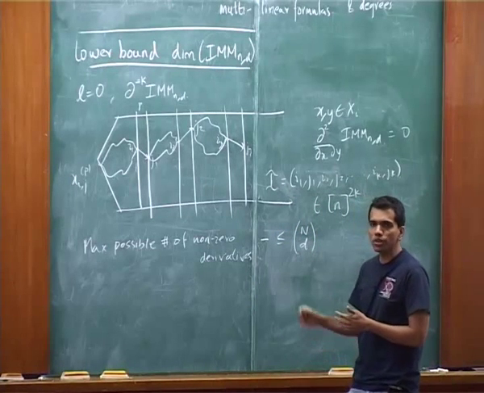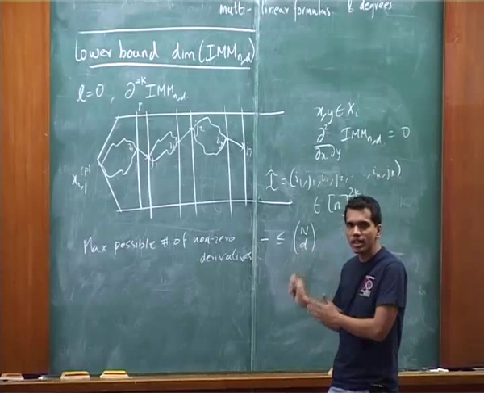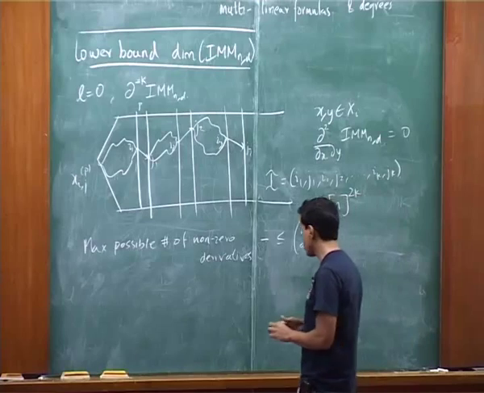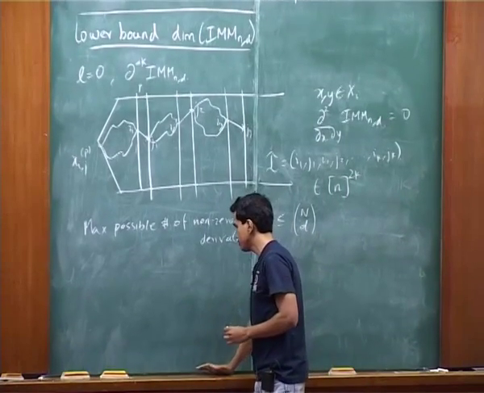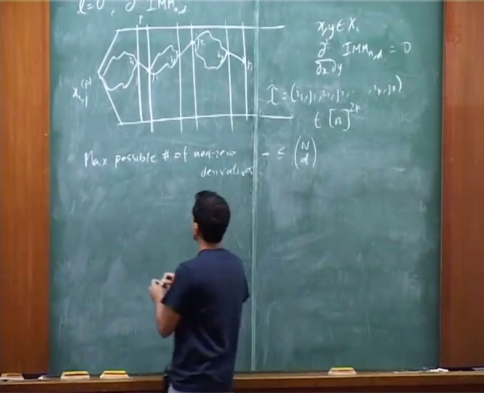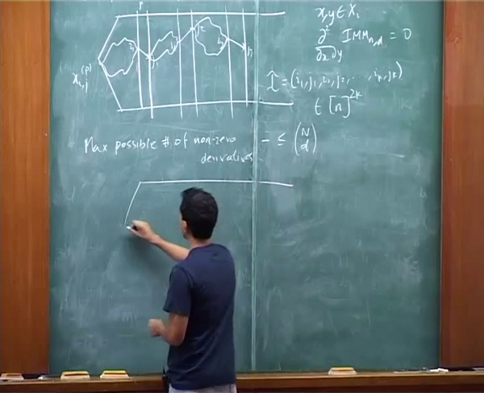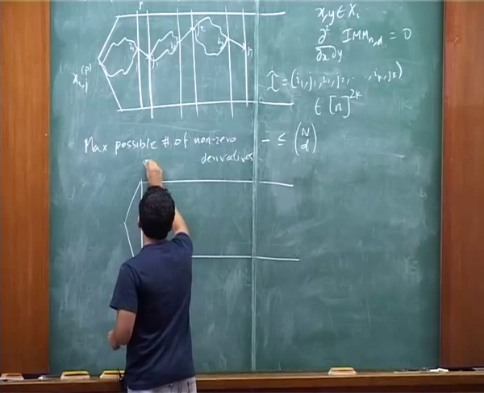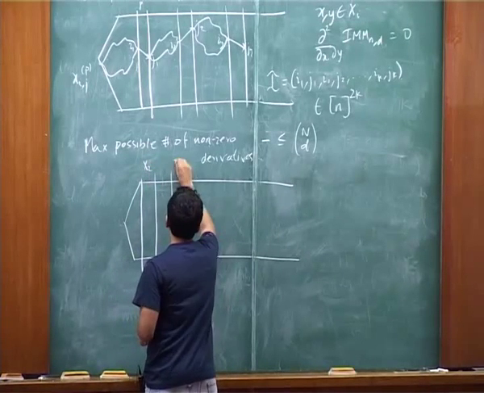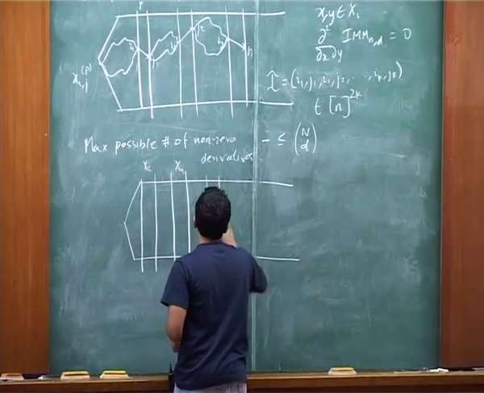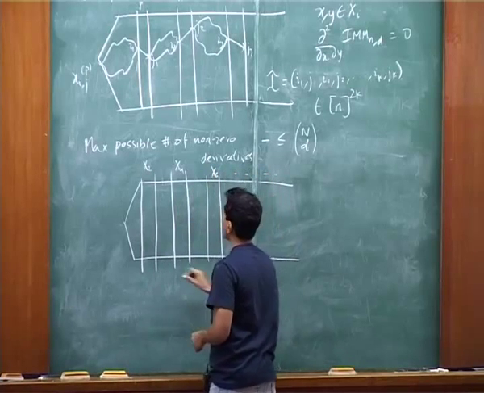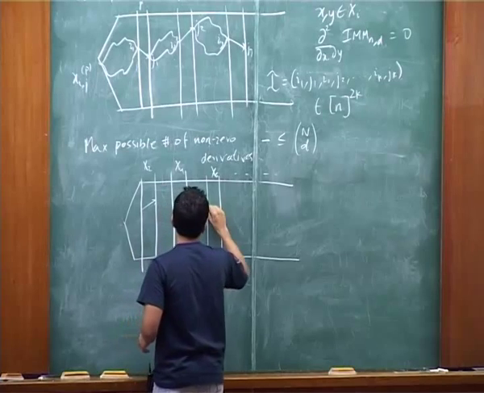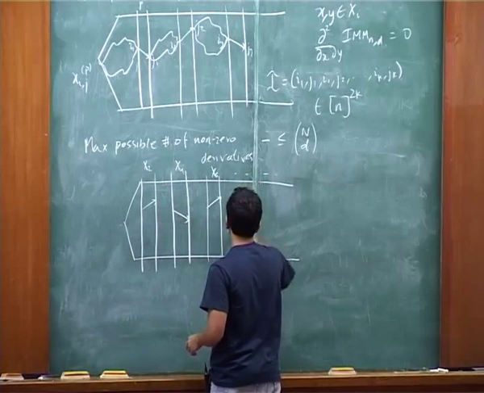And what I want to show you is that if you choose k correctly, you can actually get roughly n choose d many derivatives. Okay, you choose k so that that happens. Well, what you do is that you take all the even matrices, for example. So let's take x2, x4, x6, etc. Okay, and now my derivatives are going to be all possible edges, one from each of these matrices.